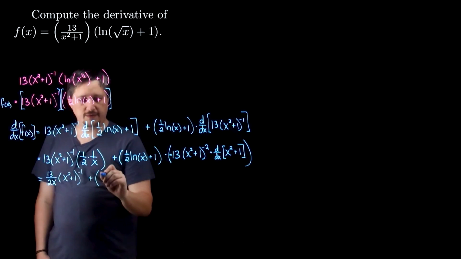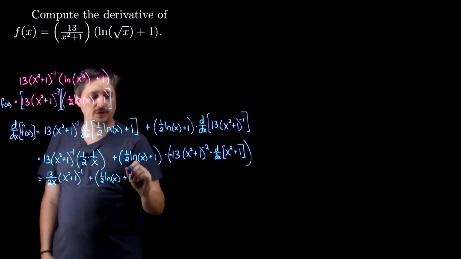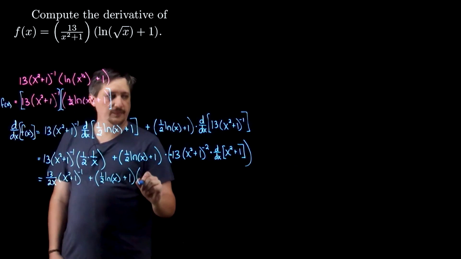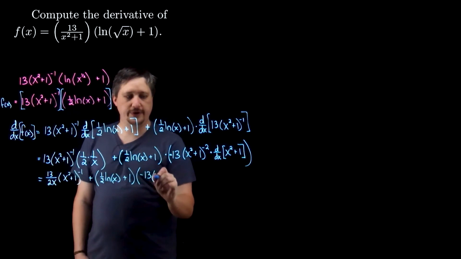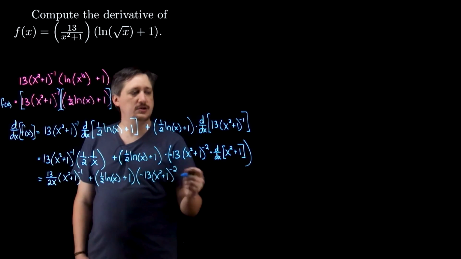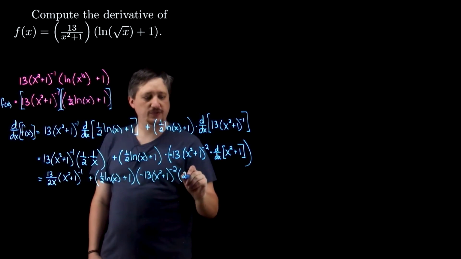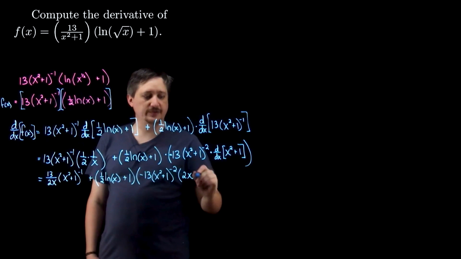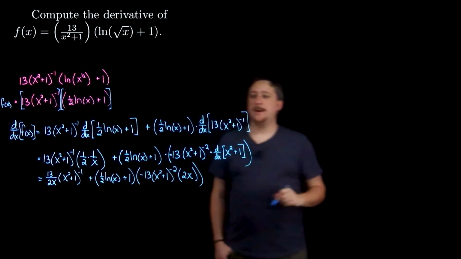So I'm going to have 1/2 natural log of x plus 1 times, so then I still have my negative 13 times x squared plus 1 to the minus 2. And then I have the derivative of this thing. So the derivative of x squared is 2x. Derivative of 1 is 0. So there we are. Okay.